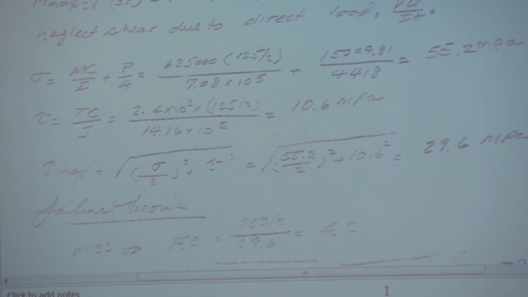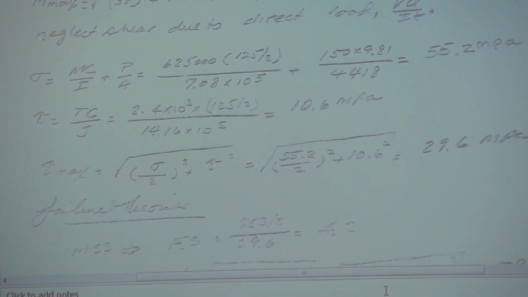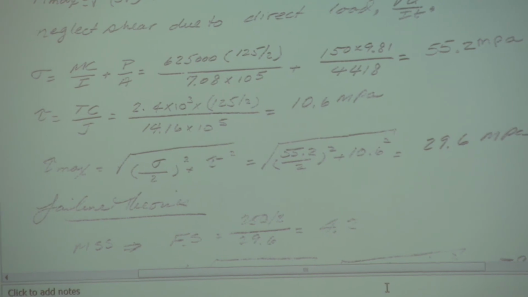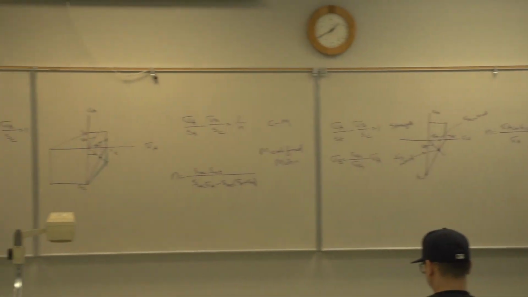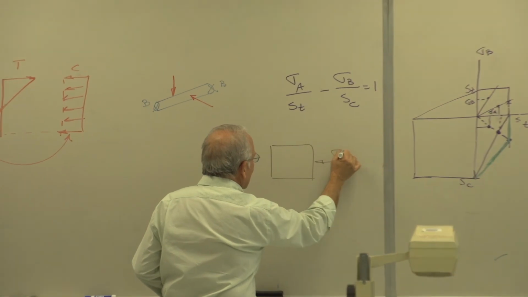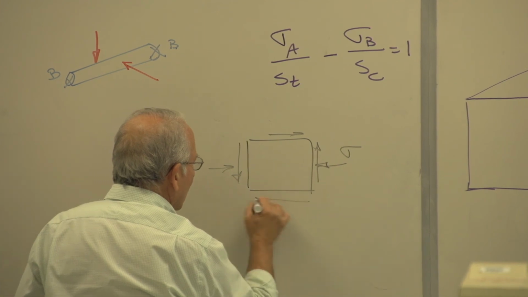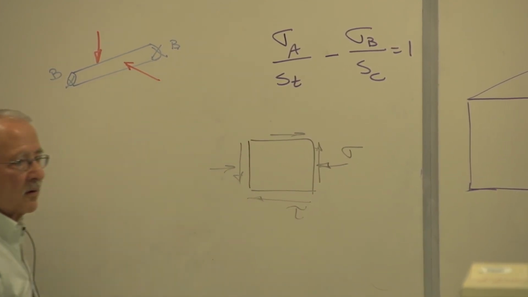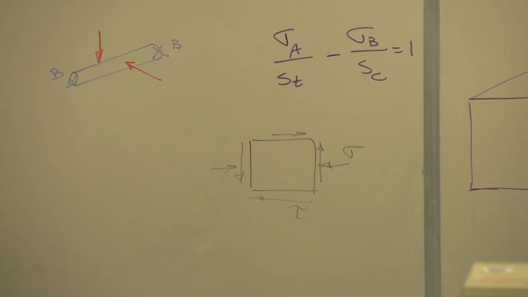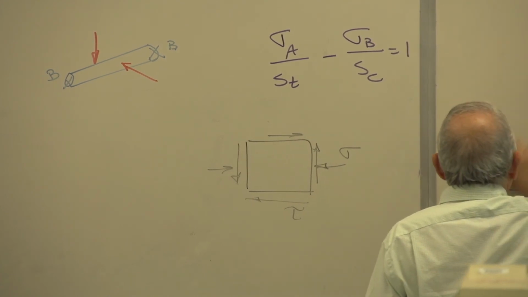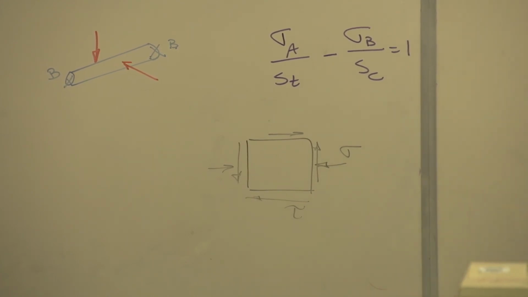So you are now looking at the most critical point and this state of stress. Agreed? One shear stress, one normal stress. To use the maximum shear stress theory, what we do is find the maximum shear stress.